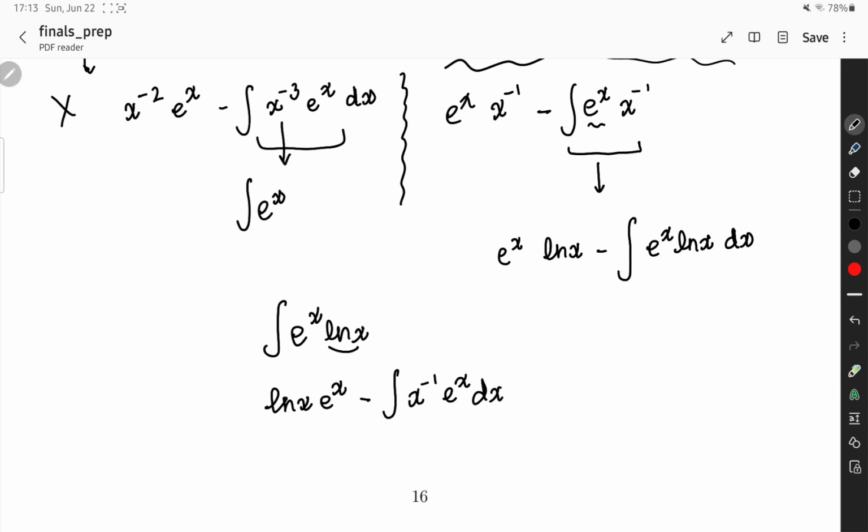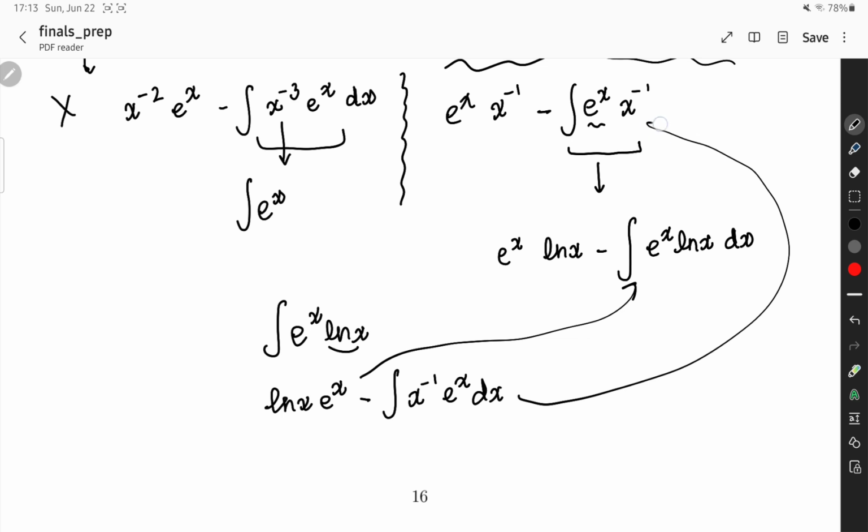Now you can sub this over here, equate this with this, and get the value for this, which is common in both of them. Then you can sub this back and get the whole value.